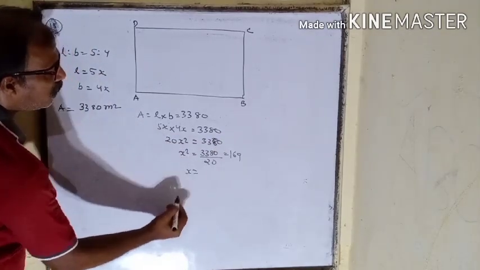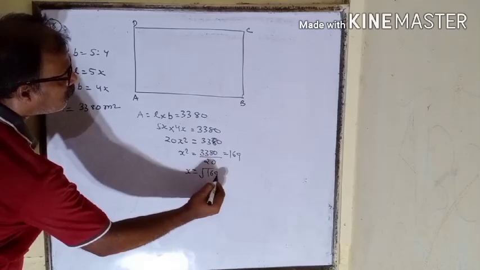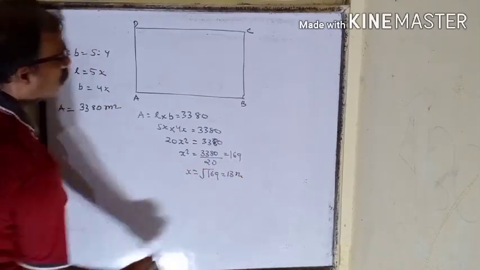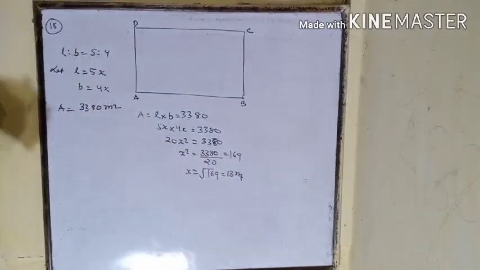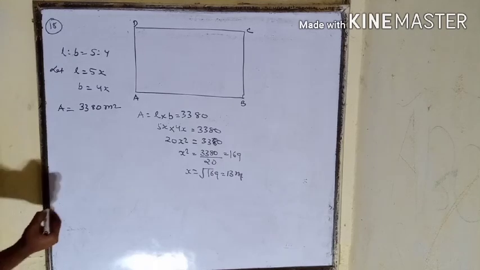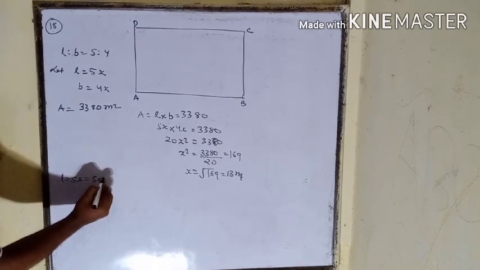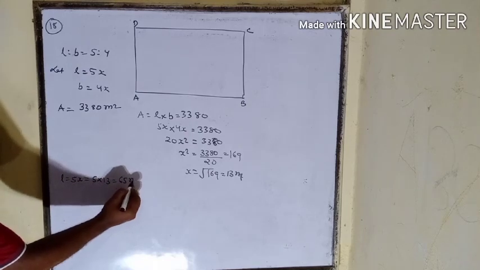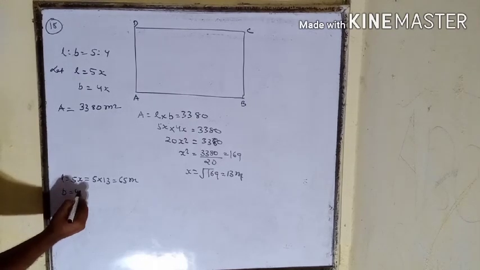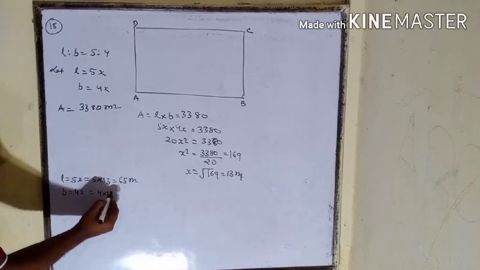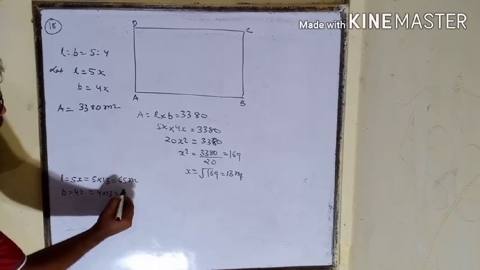Since we want x, x will come out as root over 169, that is equal to 13 meter. Now our duty is to find out its perimeter. So at first we'll find out its length. Length is equal to 5x. So 5 into 13, that is equal to 65 meter. Breadth is equal to 4x, that is equal to 4 into 13, that is equal to 52 meter.